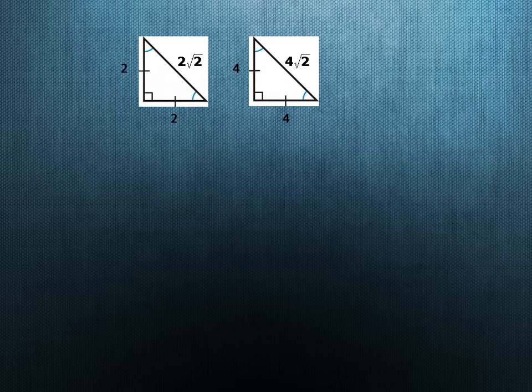And on the last one, we used side lengths of 6, and the hypotenuse we have is 6 square root of 2. So based on this observation, the hypotenuse is always the product of the leg and square root of 2. We will now try to show this shortcut rule using a formula on the next slide.